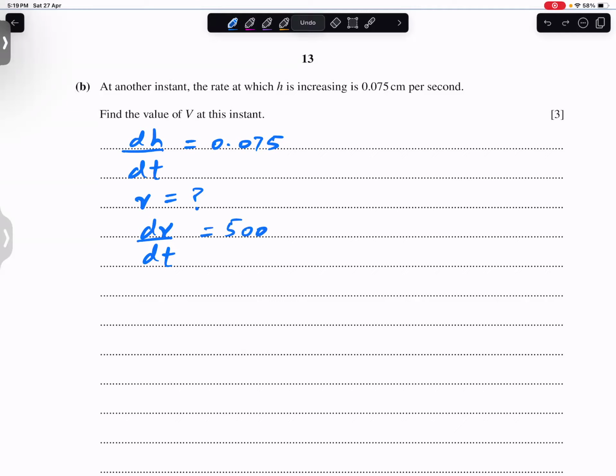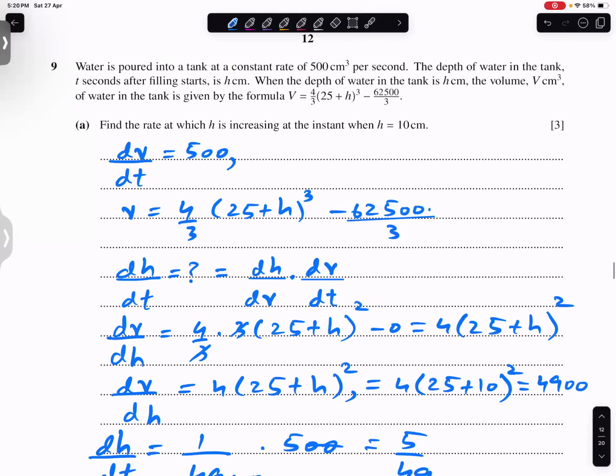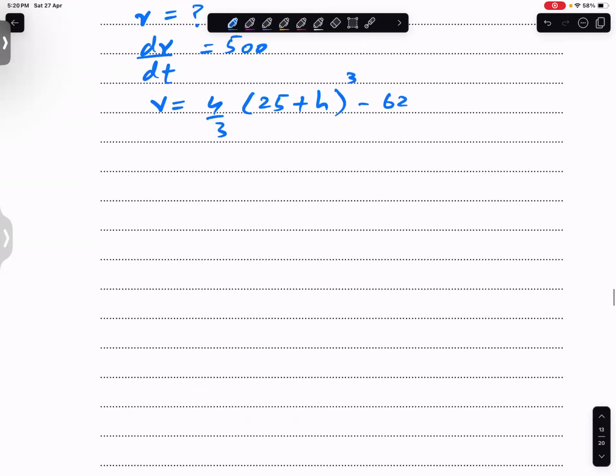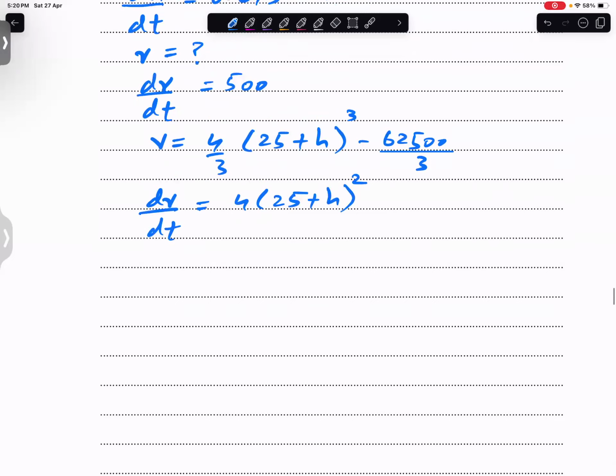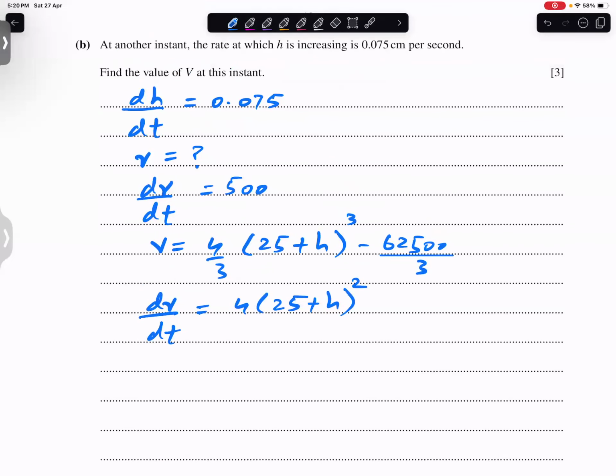And v is equal to 4 by 3 (25 plus h) whole cube minus 62500 divided by 3. Its derivative, we know, was 4 times (25 plus h) whole square.